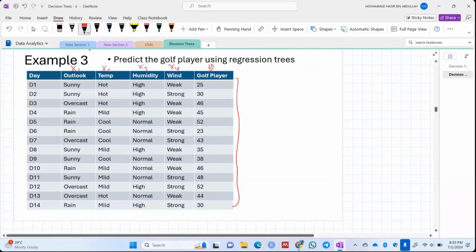Remember for linear regression, the dependent variable should be numerical, and the independent variable can be numerical or categorical. For logistic regression or classification methods, the dependent variable should be categorical, and the independent variable can be either numerical or categorical.